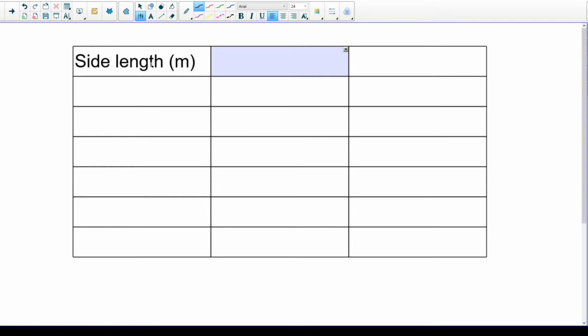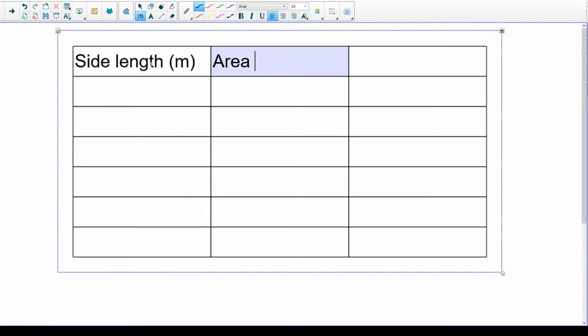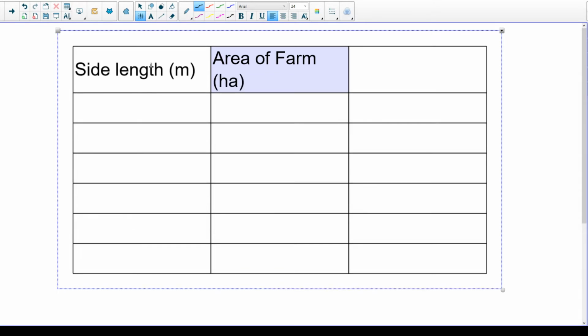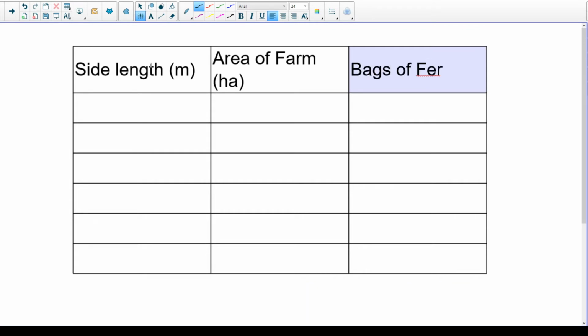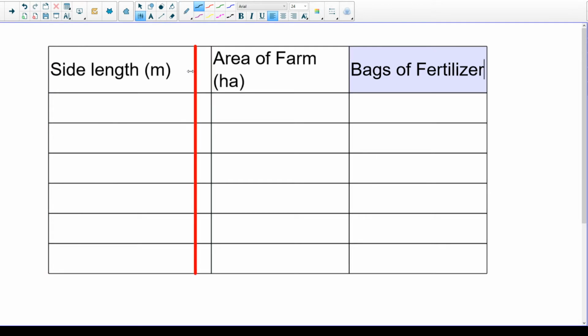And then for this one, we'll do the area of the farm in hectares. And then this one we'll do bags of fertilizer. Okay, and I can just make this a little bit bigger here.